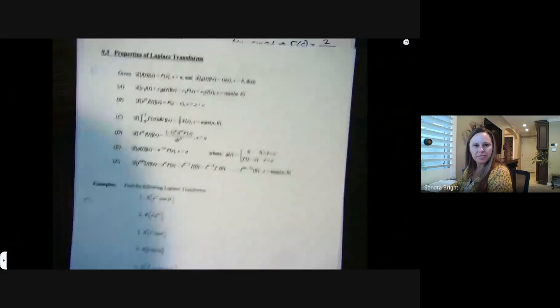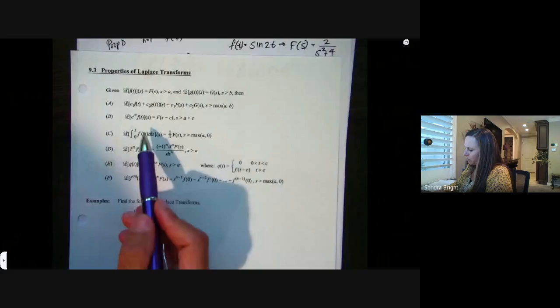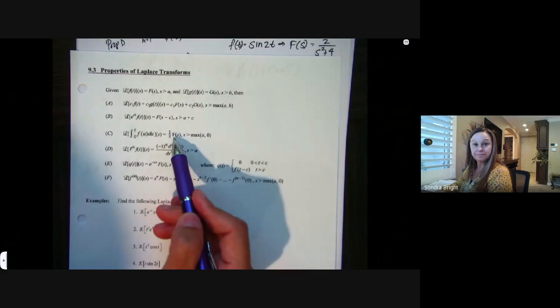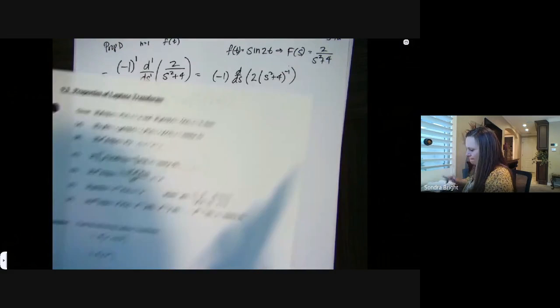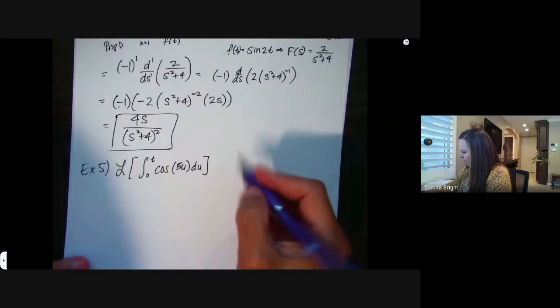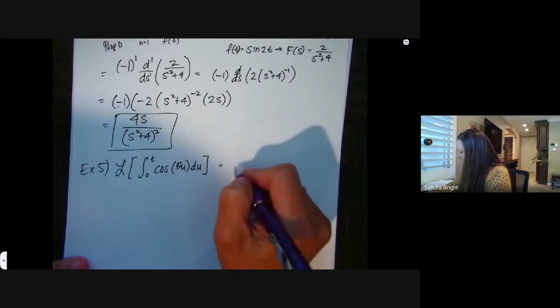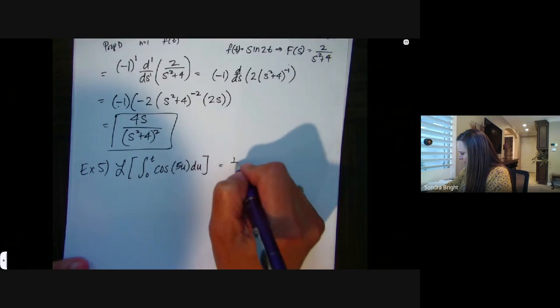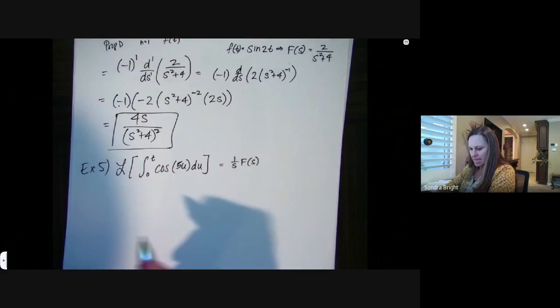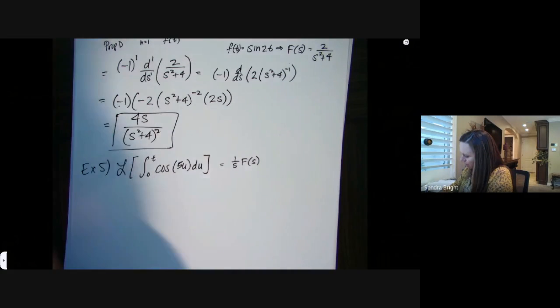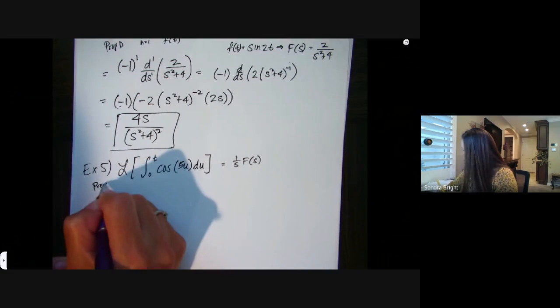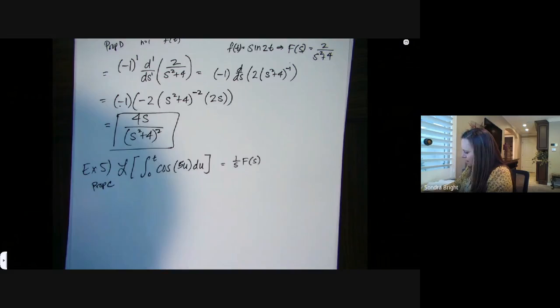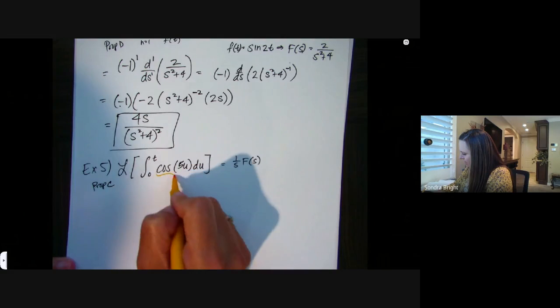It's definitely property C, right? Where it'll equal 1 over s times big F of s, knowing that this is property C that we're using, and this guy is f of u.